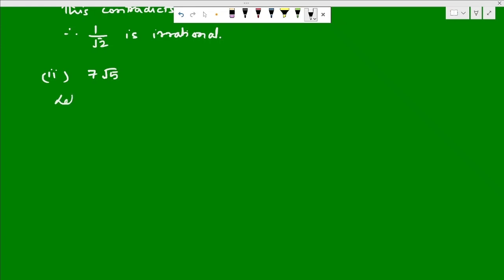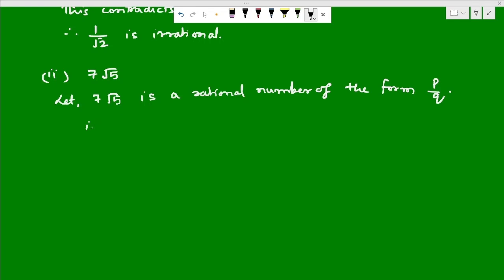First of all, we will assume the contradiction, that let 7 root 5 be a rational number of the form P upon Q. That is, P upon Q equals 7 root 5.